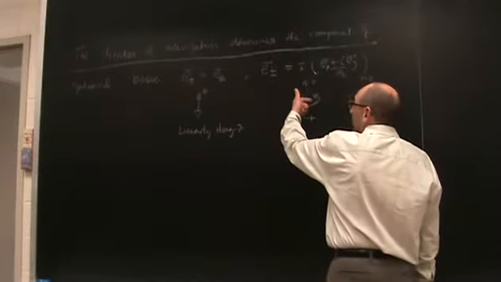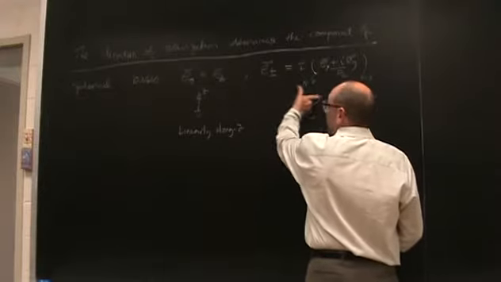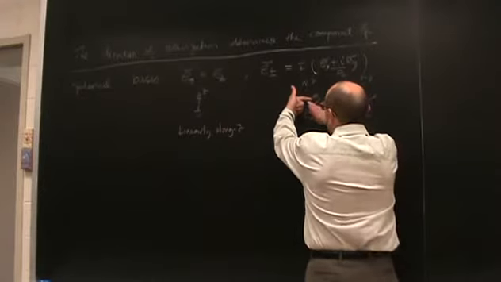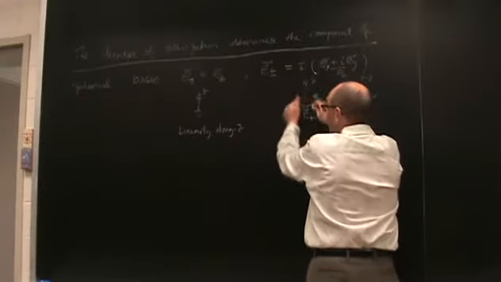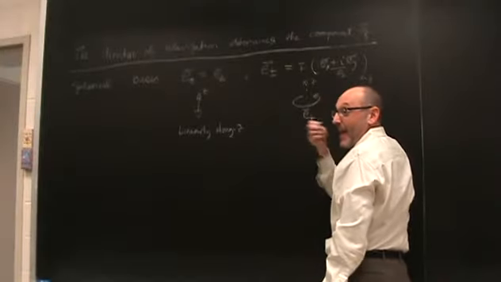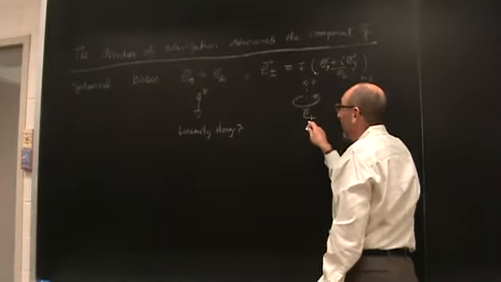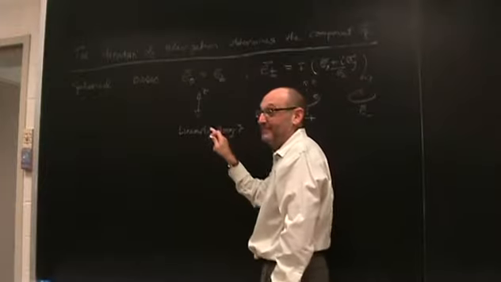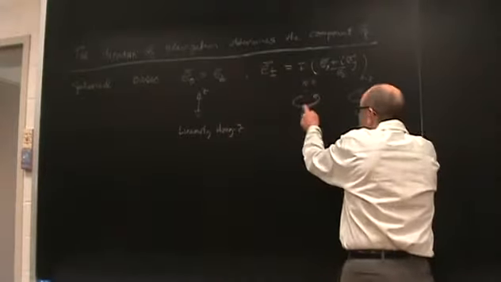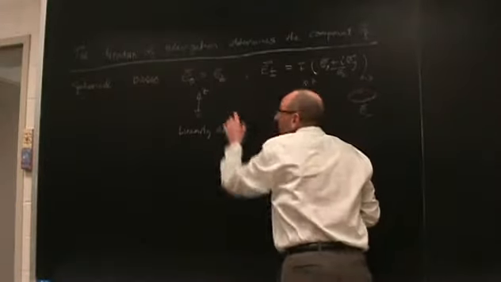I can have a piece of this, the piece that's oscillating out. It would be a linear combination of this and this. If it's propagating along z, I can have this and this, but not that.